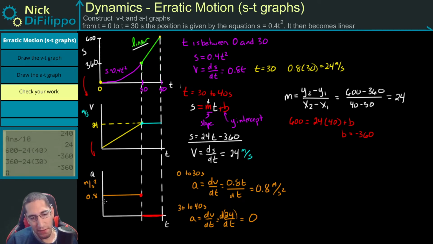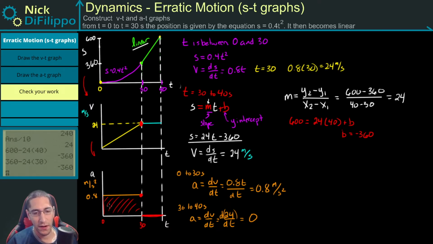What my acceleration is saying is that the area under this curve is going to give me my velocity at that point. So if I take the area under the curve from 0 seconds, which is over here, to 30 seconds, which is over here, I am going to get whatever my velocity is at that point.